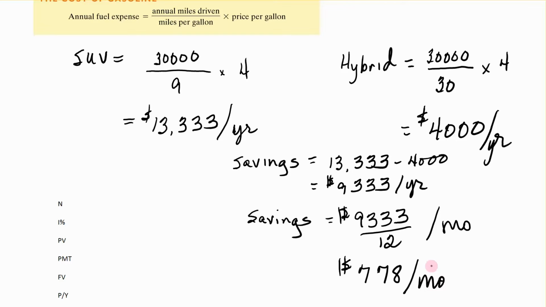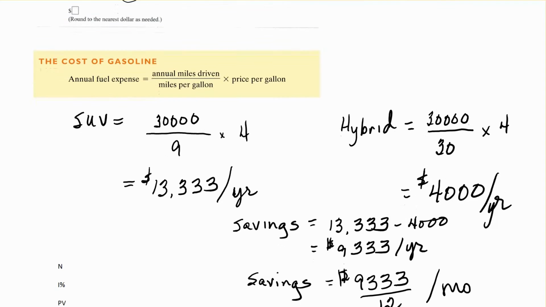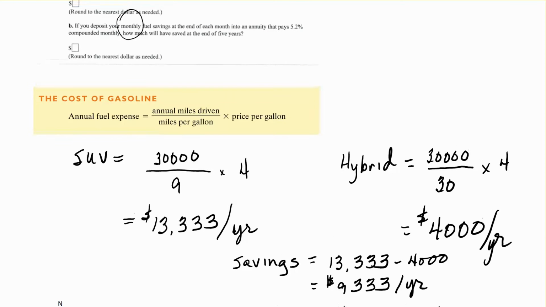Okay, so question A asked me about the difference in the savings, which is per year, annual. But now that I'm going to make deposits at the end of each month, my payment into my annuity is going to be $778. My interest rate, I have to go back up and read, 5.2%.